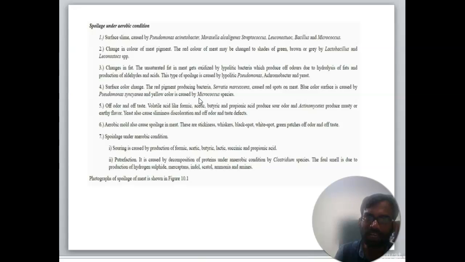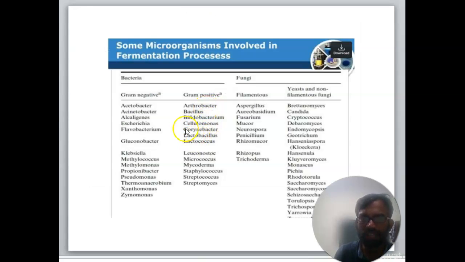Now you can see spoilage under the aerobic condition. I told you what aerobic condition means: the presence of oxygen. What are the spoilage organisms? Some gram negative bacteria, gram positive bacteria, yeast and non-filamentous fungus. You can see Lactobacillus and many bacteria, Bacillus and Campylobacter.